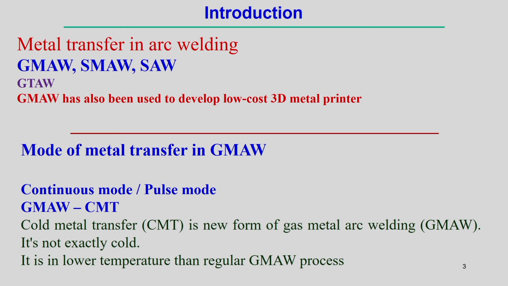But this metal deposition is not an actual part of the welding process, unlike gas metal arc welding, which has been developed in such a way that metal transfer is itself an intrinsic part of the system. Therefore, the mechanism of metal transfer may be different in the GMAW process as compared to the GTAW process.